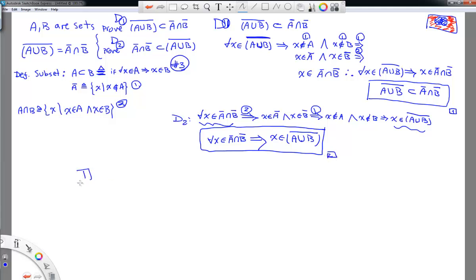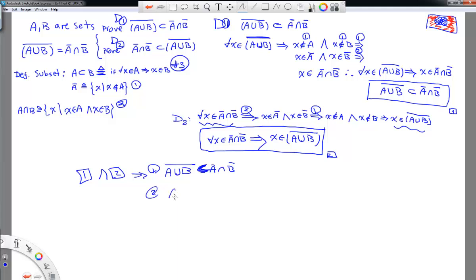And then from proof of 1 and proof of 2, I know that proof of 1 states that the complement of the union is a subset of the intersection of the complements. So proof number 1 says that.